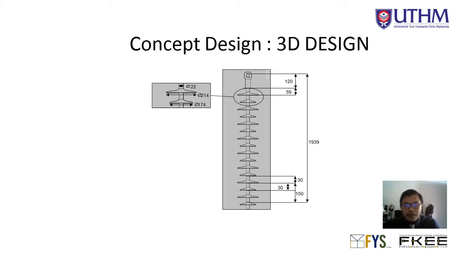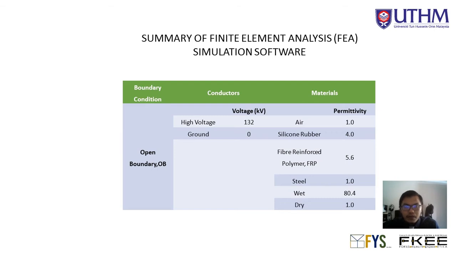So I will proceed to the next slide, which is about our simulation. Our simulation uses the FEMM software, where we need to consider the boundary, the conductor, and the materials. We are using axisymmetry, the boundary condition is the open boundary, and for the properties of the conductor, we set our insulator in the transmission line for 132 kilovolt, and the ground is 0.